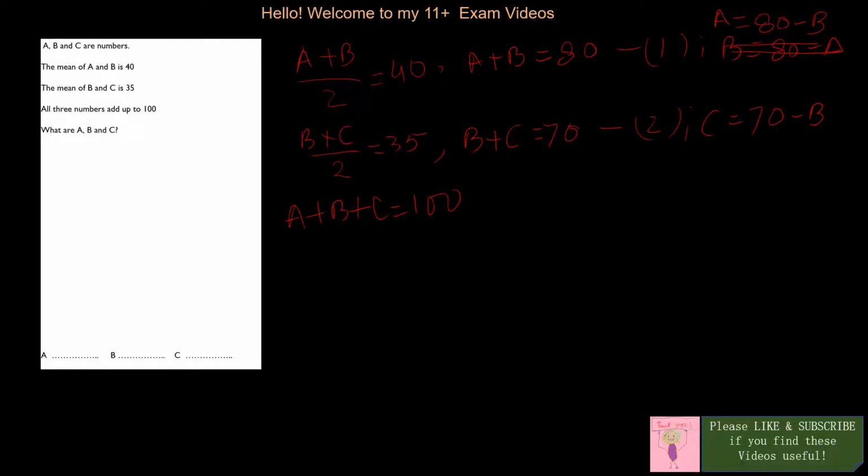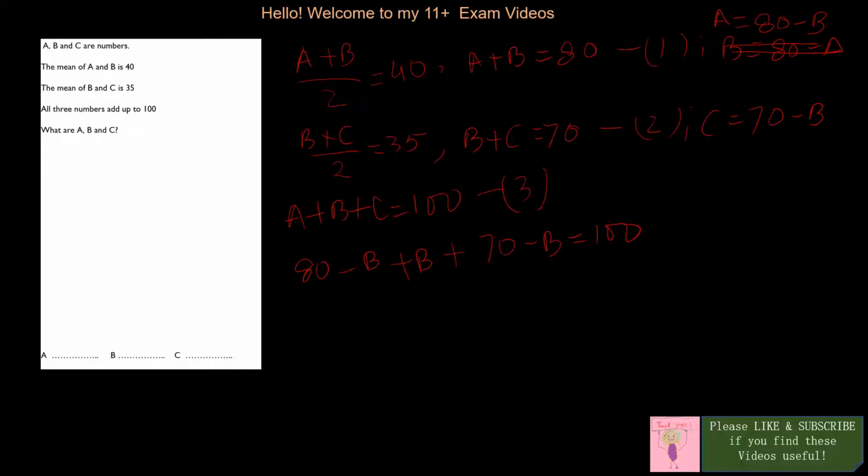So if we use these in equation 3, instead of A I write 80 minus B, and then plus B, it remains as it is, plus C is 70 minus B equals 100.